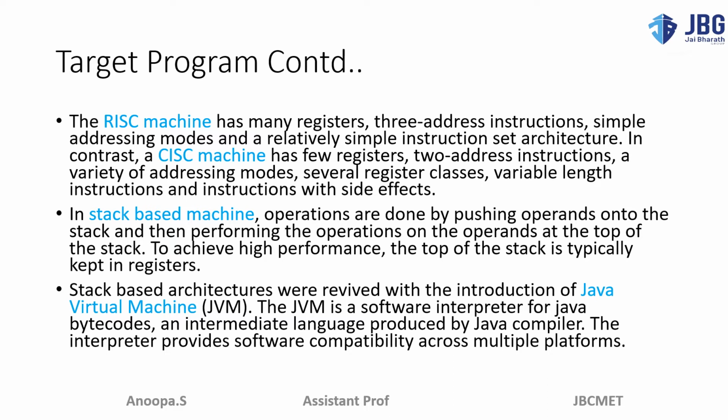In a stack-based machine, operations are done by pushing the operands into the stack and then performing the operations on operands at the top of the stack. So in a stack base, we always perform operations on top of the stack. For achieving high performance, this top of the stack is usually kept in registers.